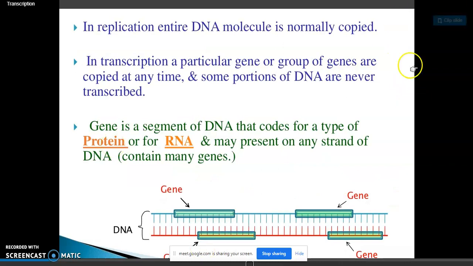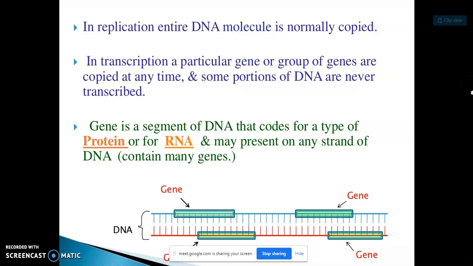In case of DNA replication, the entire DNA molecule is going to be copied or replicated. Say, for example, you have a genome of 11,000 base pairs, then all the 11,000 base pairs are going to be copied or synthesized in DNA replication.